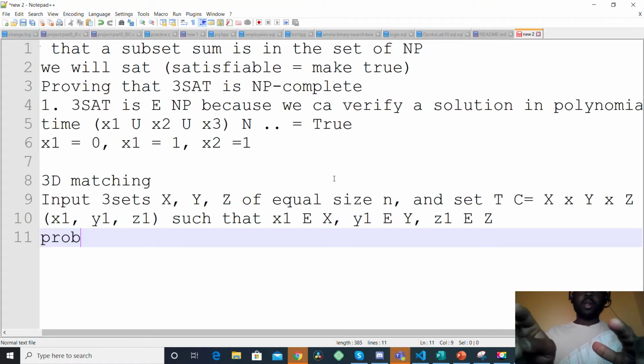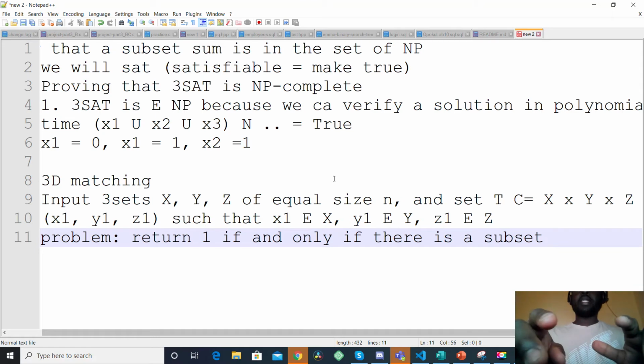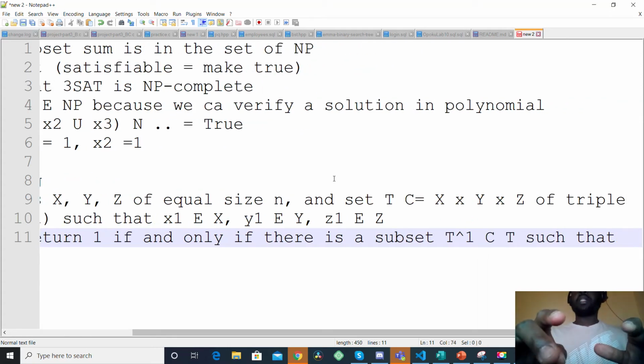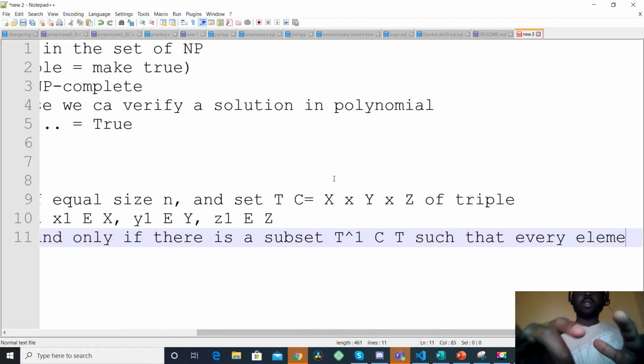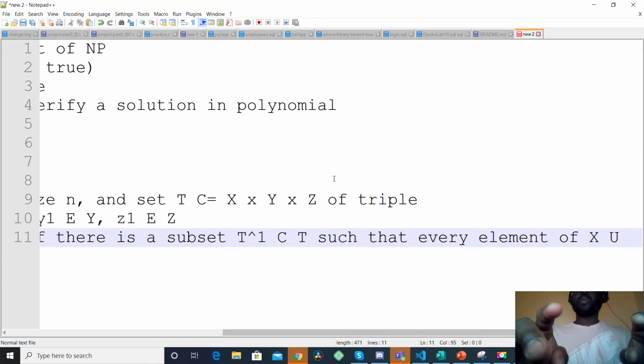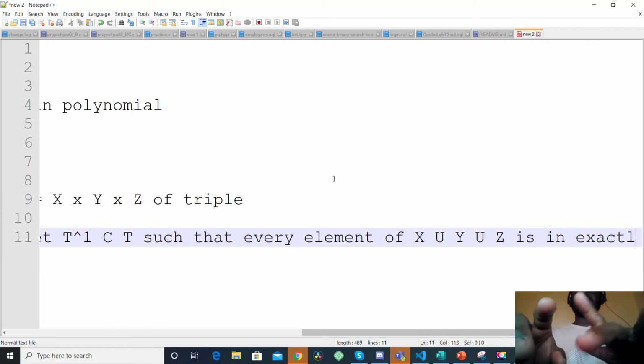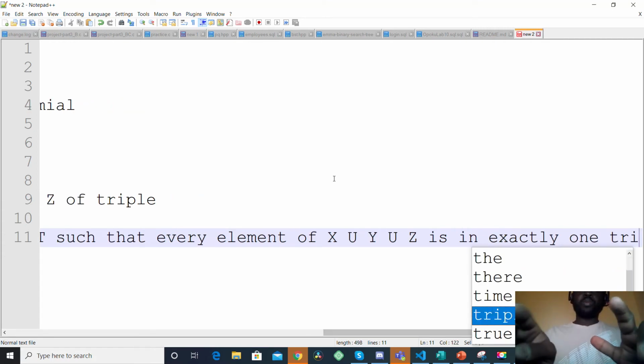So the problem is to return 1 if and only if there is a subset T prime such that every element of X union Y union Z is in exactly one triple.